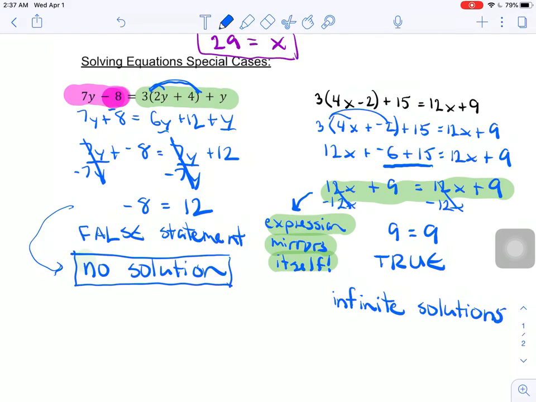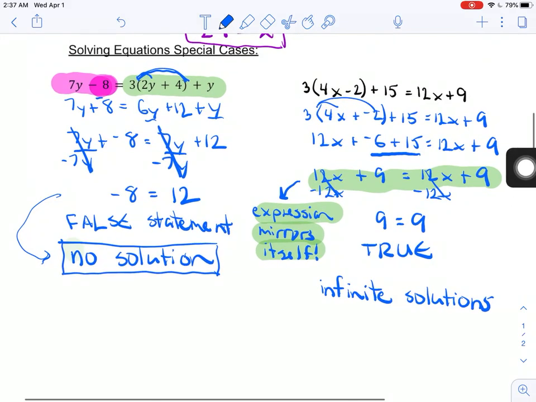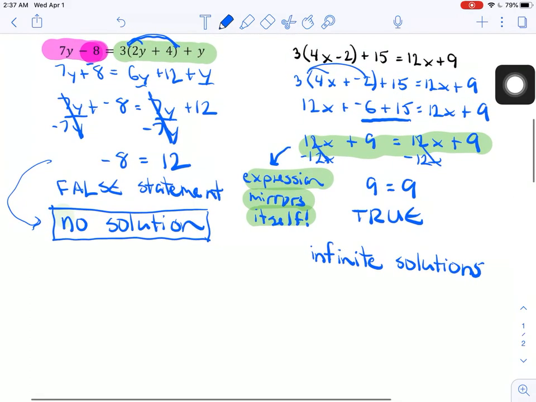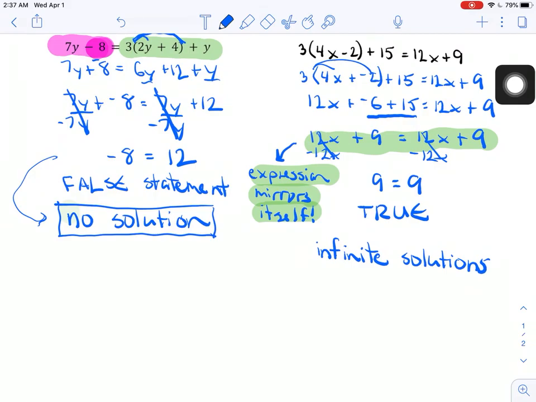Because when I fill the number in, I'm just filling it into the exact same expression, which is going to give me the exact same answer on the other side. So no matter what I fill in, the two sides will always be equal. So that's what infinite solutions means. Basically, there is an infinite amount of numbers that will make this work. I can fill in any number I want, and it will always work.